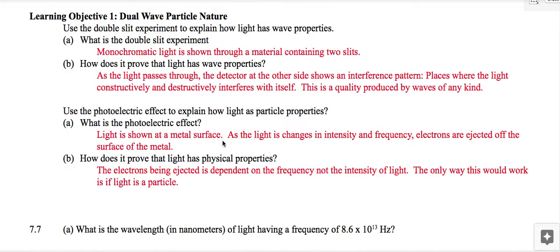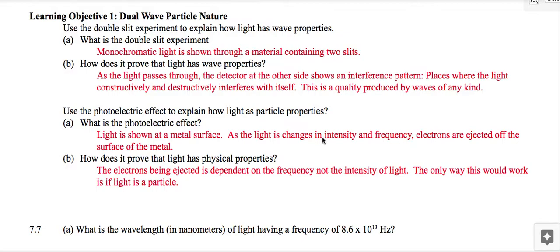All right, the photoelectric effect, on the other hand, shows that it has particle properties. So if we shine light on a metal surface, we can show that electrons jump from that surface to a detector. Now, the amount of electrons that transfer would be dependent on the intensity if light was a wave.